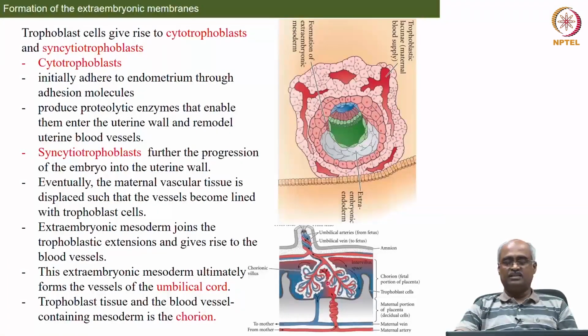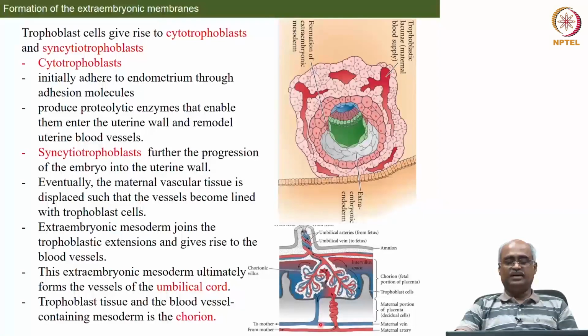blood bathes this area. So these tubes, the blood vessels of the mother and the fetus, are not connected, they are not continuous tube like structures. Instead they exchange in this area in which both of them diffuse.